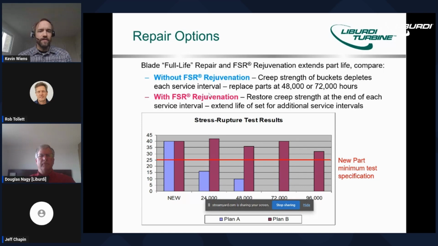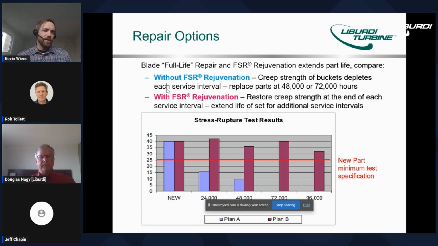And so after the first service interval of 24,000 hours, we see a drop in strength. The blue bar goes from around 40 hours of rupture life down to 15. And then if that part goes back into service with a conventional repair that doesn't reset the microstructure, it degrades further down to what we're showing here is about 10 hours of rupture life after 48,000 hours of service.